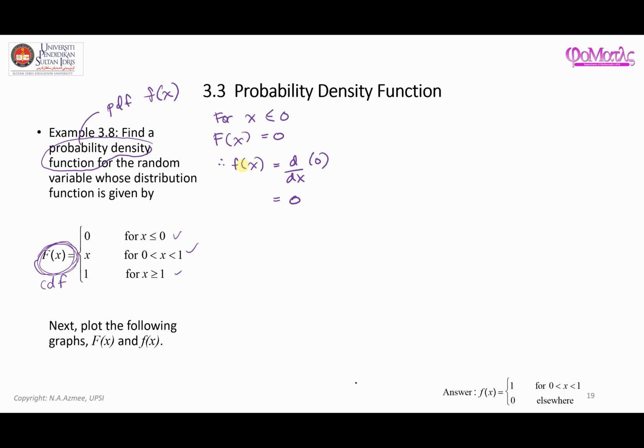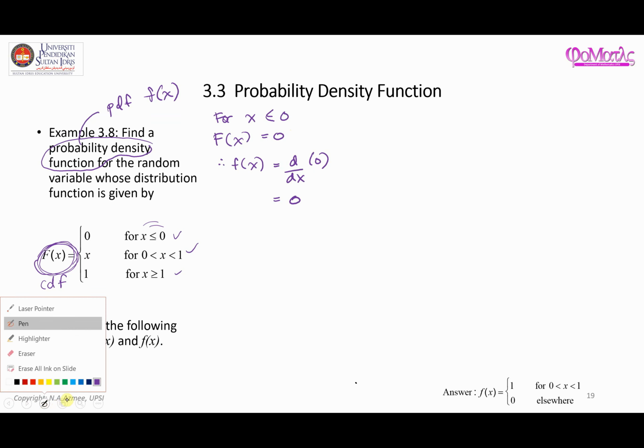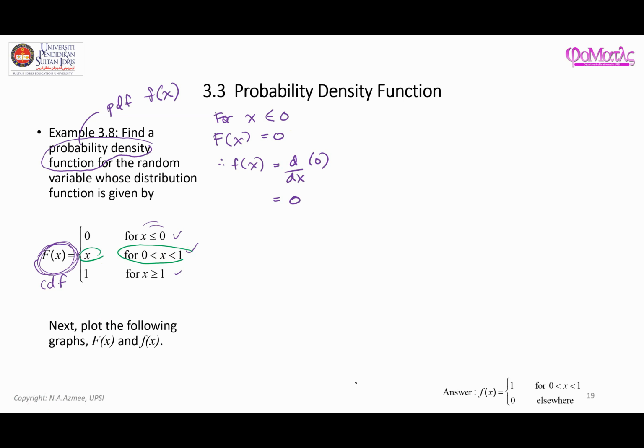Okay, so that is the first part for this interval. We've got that result. Next, we're going to focus on this part. For the second interval, we have x between 0 and 1, and in this case the CDF is equal to x.